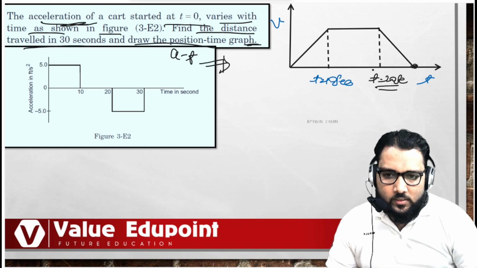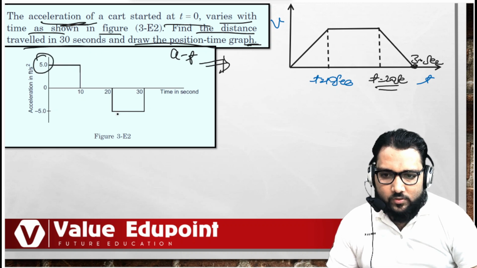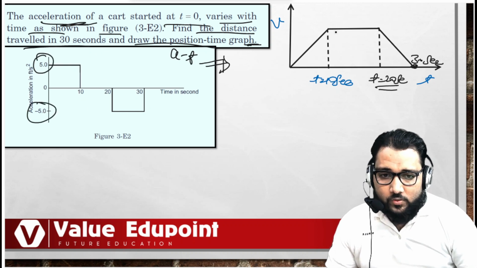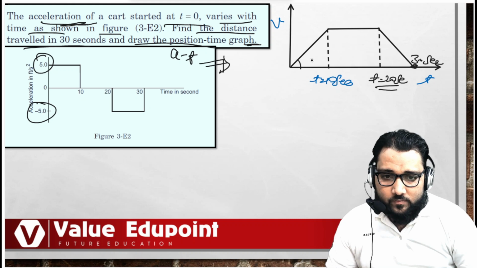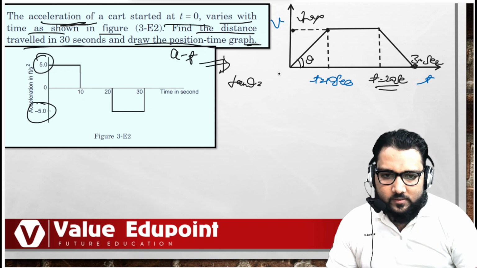Now we know the acceleration is constant 5, and here it is also 5. So the slope will give the acceleration. In the VT curve, we know the slope is 5, so we can calculate this point, which is the maximum velocity, Vmax.